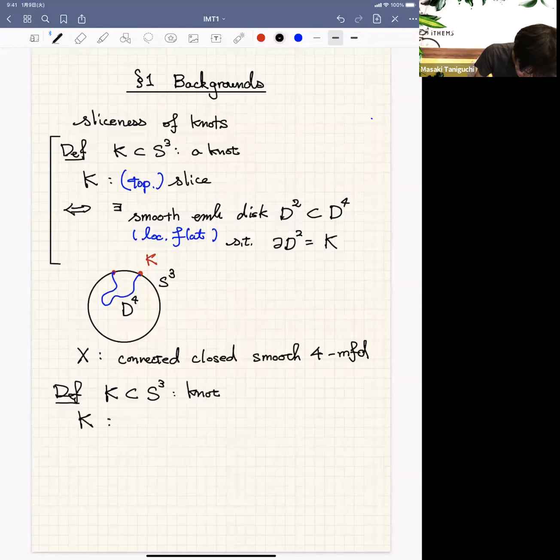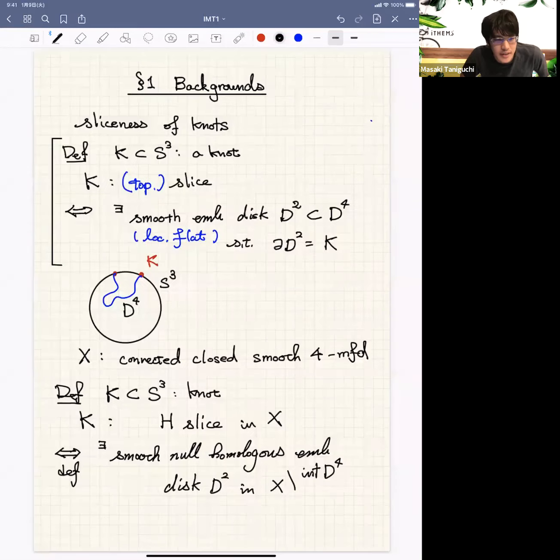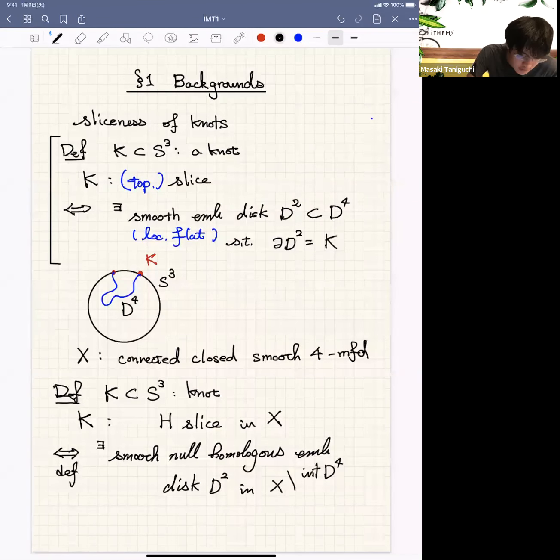K is called H-slice in X if there exists a smooth null-homologous embedded disk D in X minus a small open ball, then it is called H-slice.